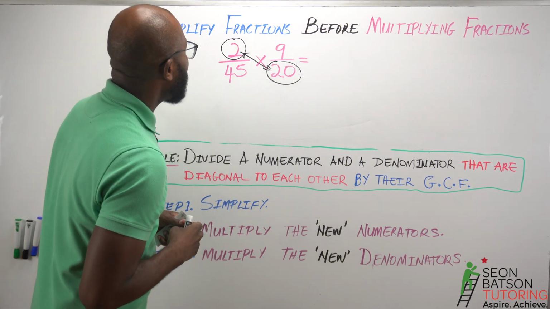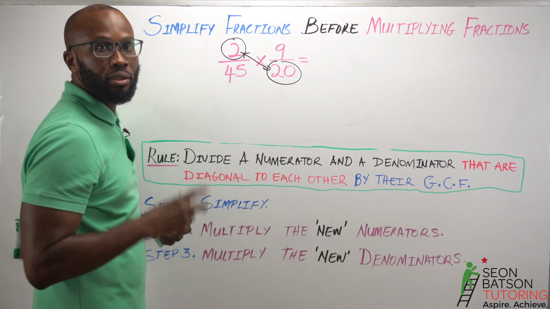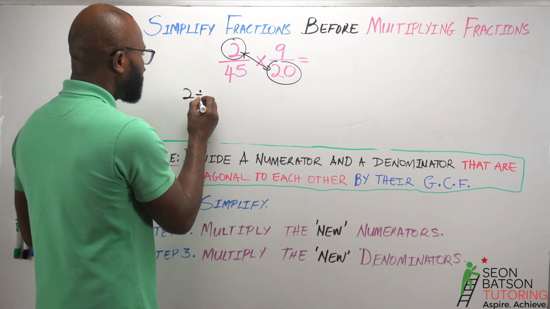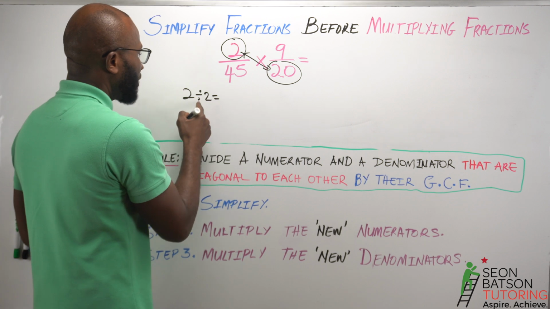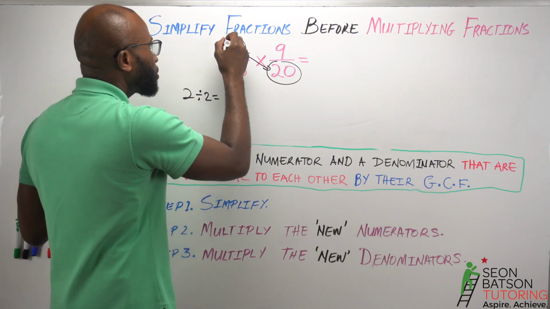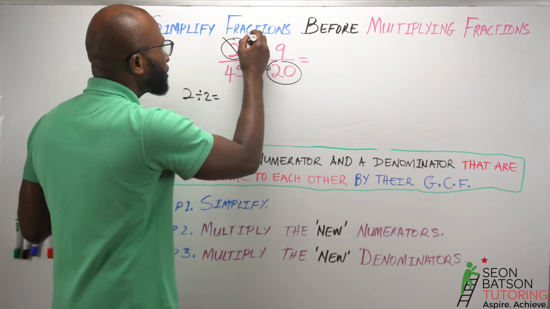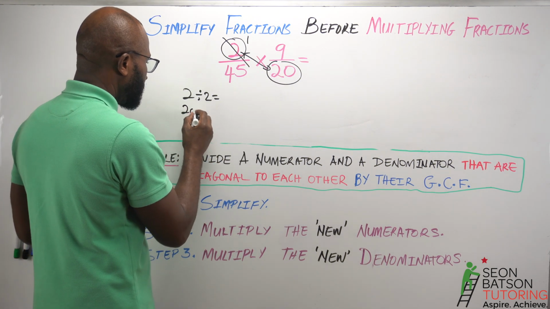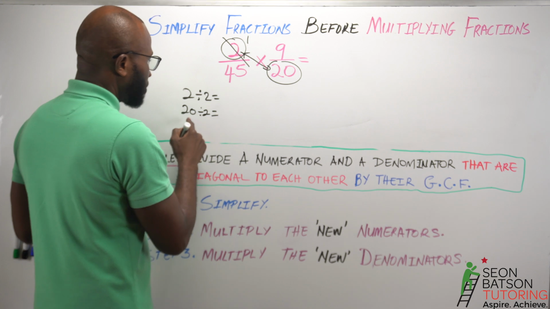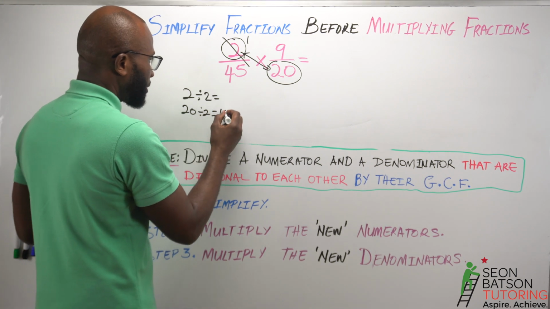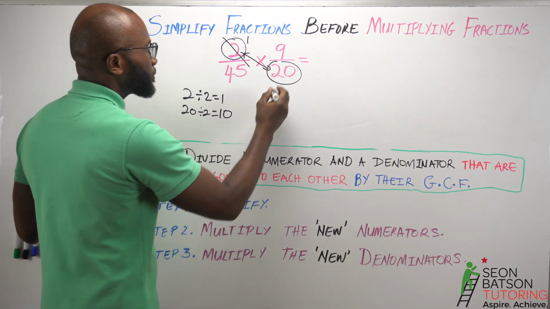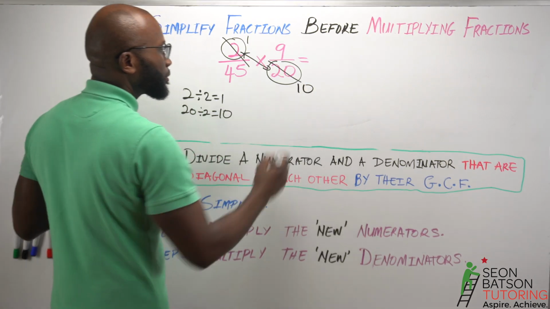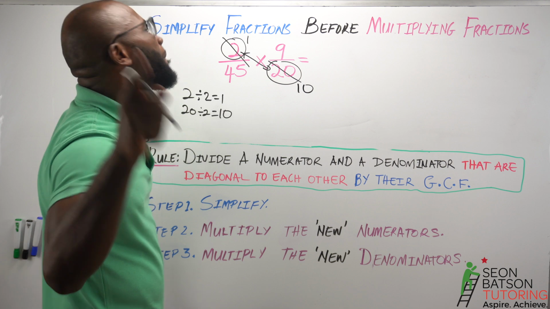So we will divide 2 by 2. And 2 divided by 2 is 1. So we will shrink this 2 to a 1. And then we will divide this 20 by 2. And 20 divided by 2 is 10. So we'll shrink our 20 to a 10. So far, so good? Perfect!